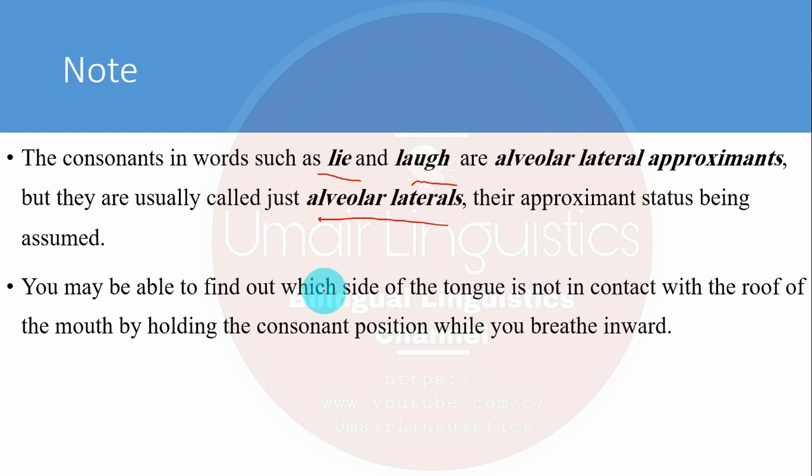And as I have described, you can find which side of the tongue is not in contact with the roof of the mouth by holding the consonant position while you breathe in. For example, you say L, and while keeping your tongue in that position, just breathe in. You will notice at one side of the tongue some cool air.